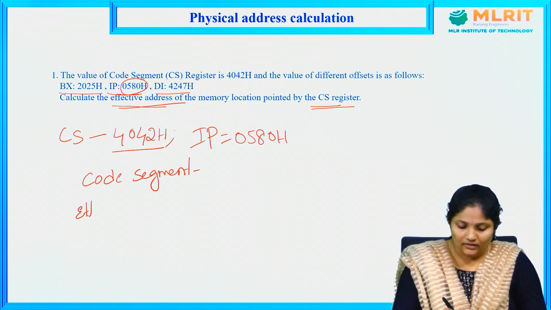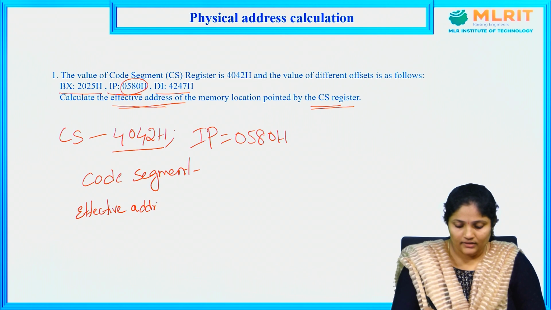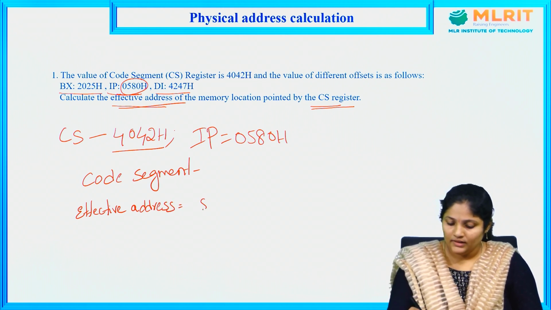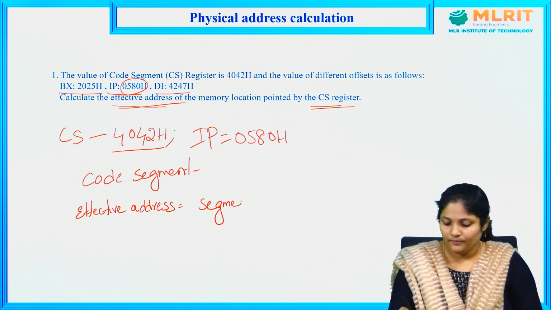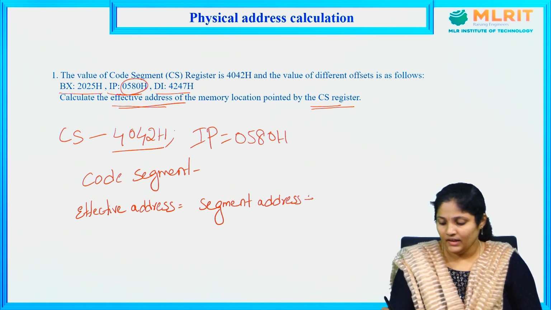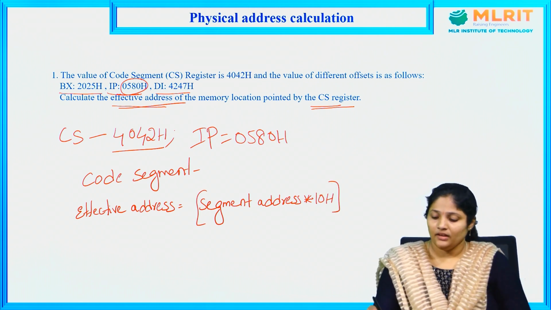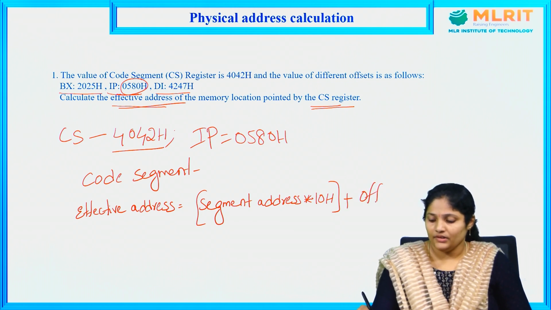So how do we calculate the effective address? The effective address equals the segment address times 10H, or you can left shift the segment address by 4 bits, and add the offset address.